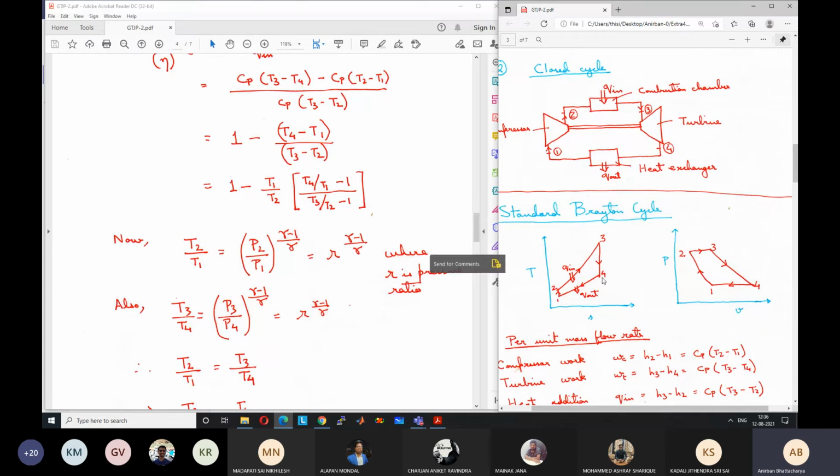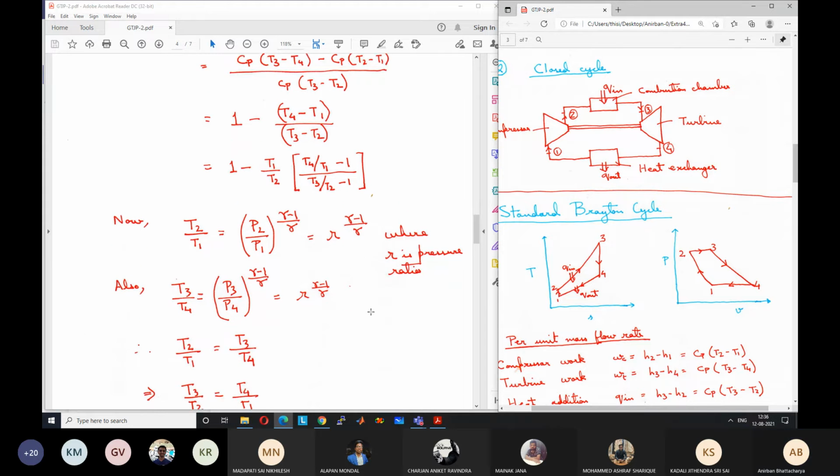So T2 by T1, because it's an isentropic process, we can write this as equal to P2 by P1 to the power gamma minus 1 by gamma, where gamma is the ratio of the specific heats. Here it is 1.4, which we will be assuming for these ideal cycles. Okay, and this pressure ratio is denoted by R. So this is equal to R to the power gamma minus 1 by gamma.